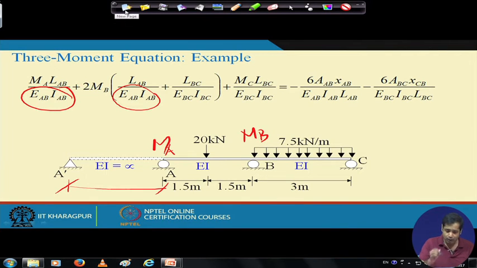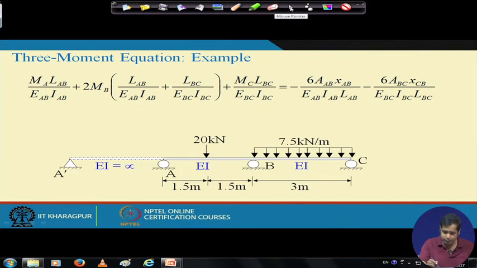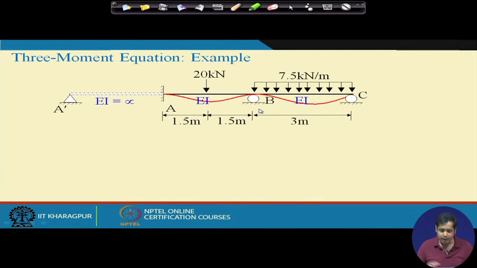Okay. Now, next, if we see the deformed shape, this is the deformed shape. The deformation between A dash and A is 0, because it has infinite rigidity. Again, the deformation is scaled here. So, this is how the deflected shape of this beam looks like.